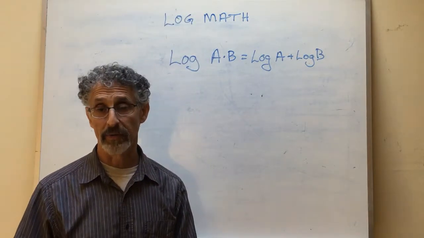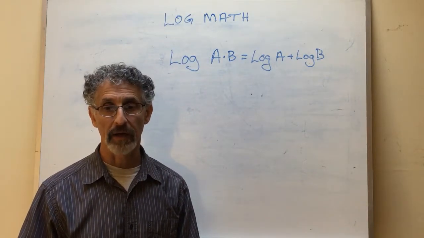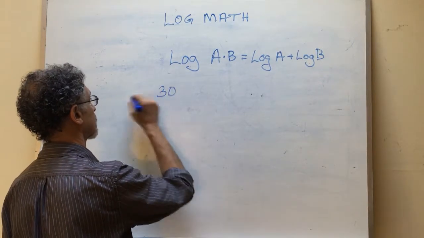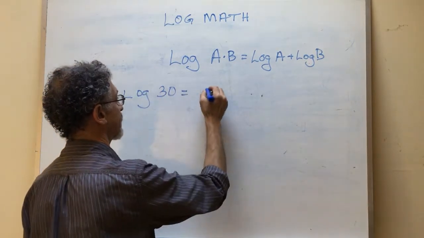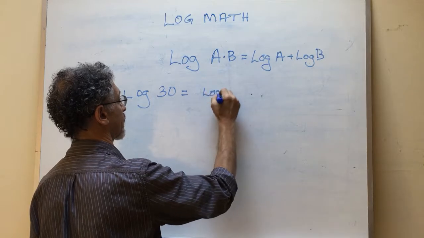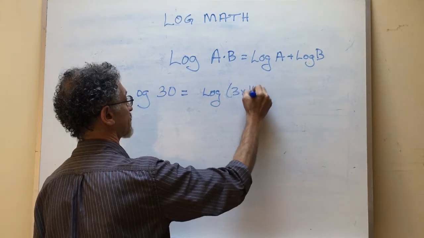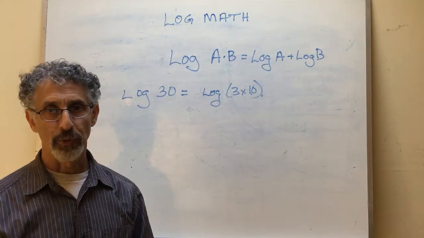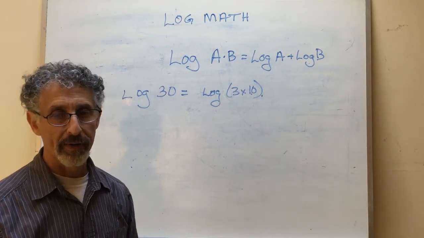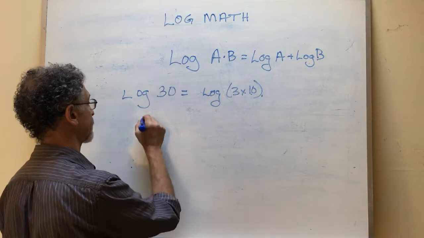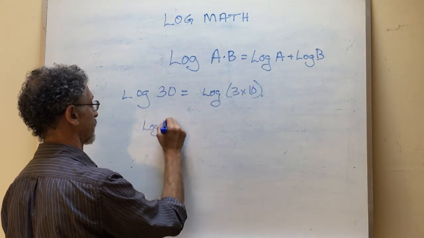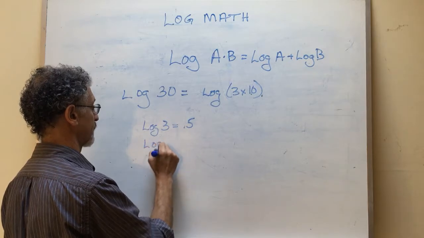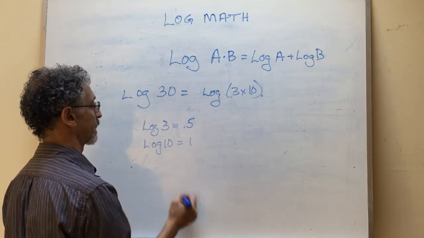Here's another example. Let's find the log of 30. All right, so 30 equals 3 times 10. So we know from our table before that the log of 3 is 0.5, and the log of 10 is 1.